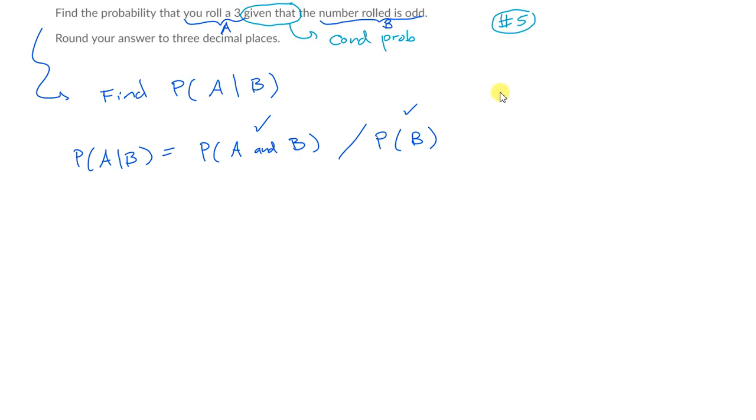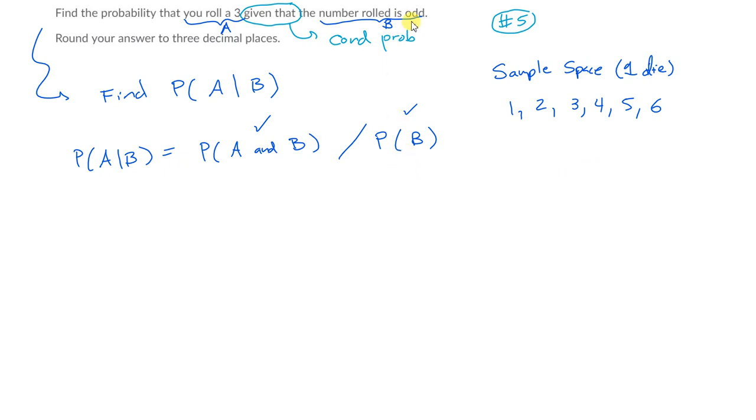Okay? So let's write out what's called the sample space for rolling a single die. Not a pair, just one die. You roll a 1, a 2, a 3, a 4, a 5, or a 6. There's your sample space. That's all you can roll on a single die, right? Okay, so do I know the probability of B?